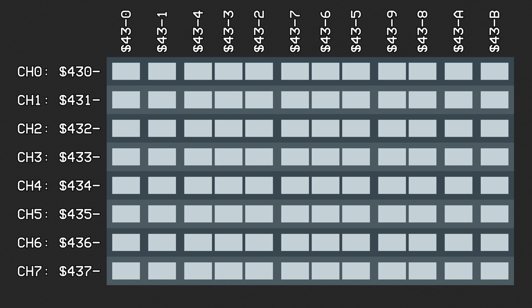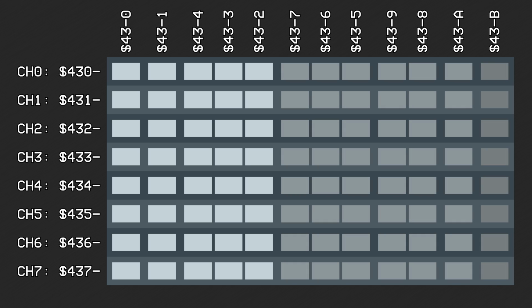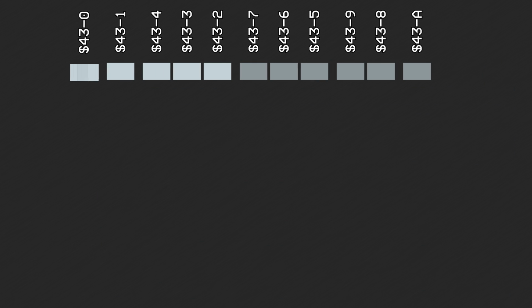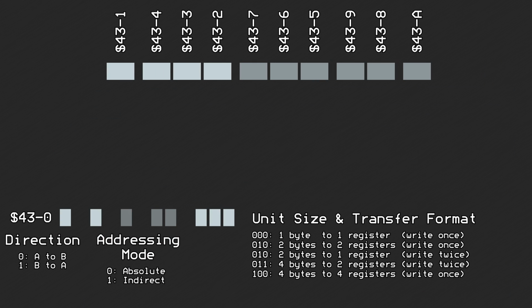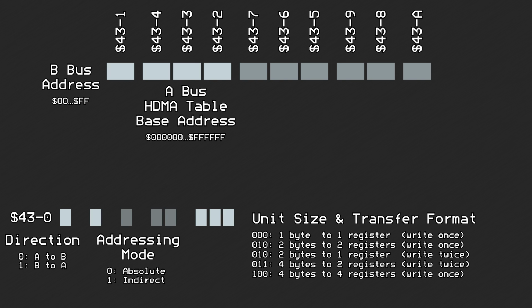They also use the same set of 12 registers, although for HDMA, only 5 need to be set manually beforehand, and 6 more are updated automatically during the transfer. One register holds the properties for the HDMA setup, and one holds the 8-bit address on the B-bus, just like the general-purpose DMA setup. The last 3 registers hold an address on the A-bus that points to what is called an HDMA table.